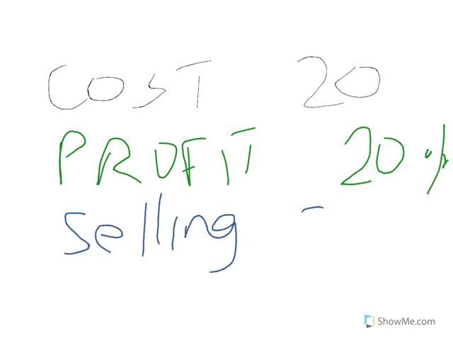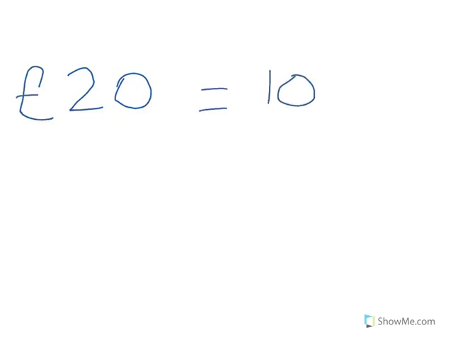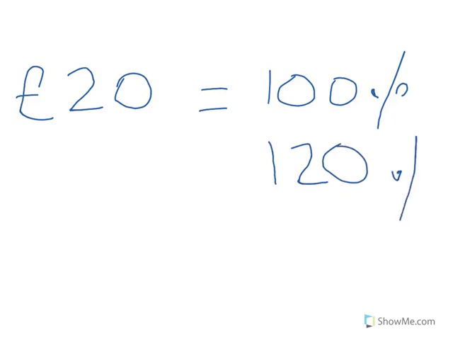The cost price is 20, so 20 pounds equals 100%, and I'm getting 20% profit, which means the selling price should be 120%.